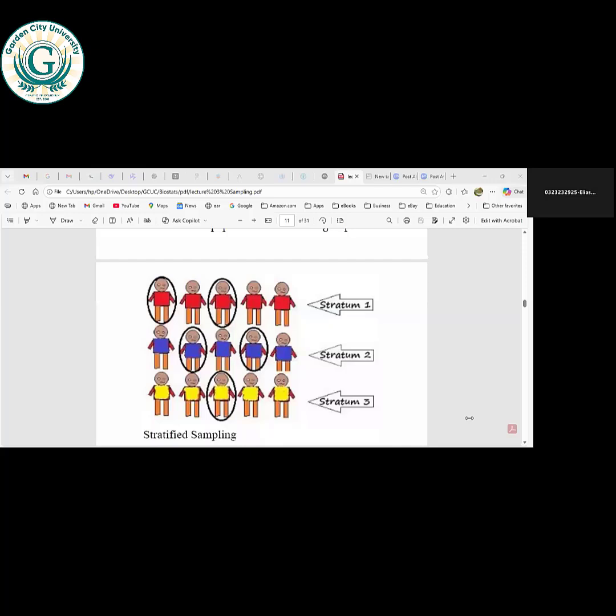At any point among these sampling techniques, you'll be applying simple random sampling. So after grouping them, you don't just say that I'm going to select the first guy here and the third guy here. You apply simple random sampling in the group. Then you can select. Thank you.